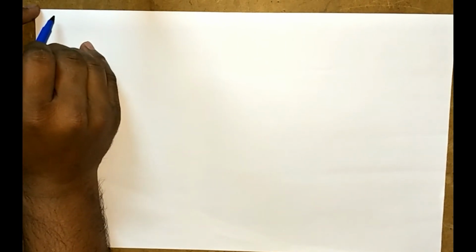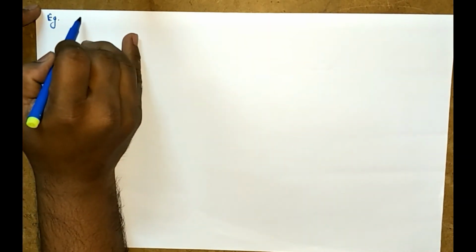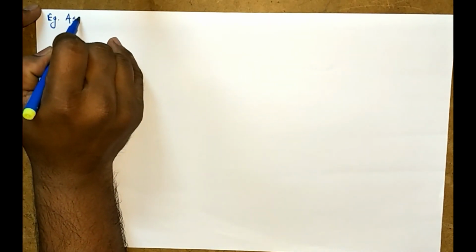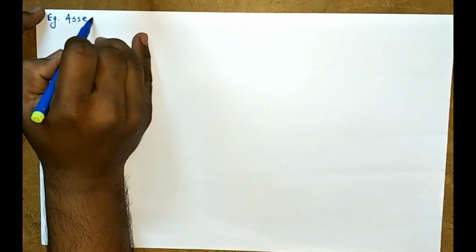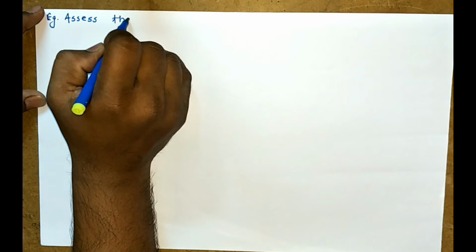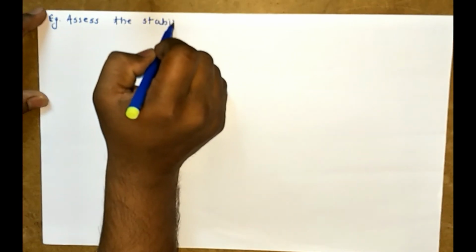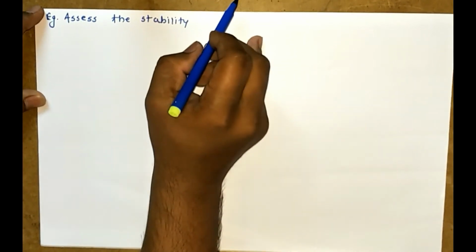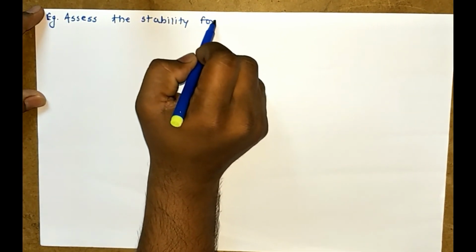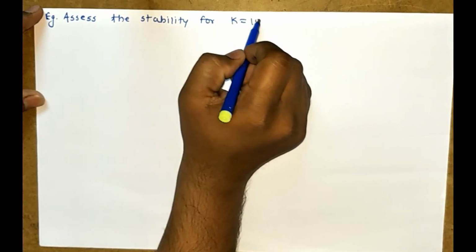Let us see one numerical based on the Routh-Hurwitz criteria. Assess the stability for k equal to 100 and k equal to 1000.